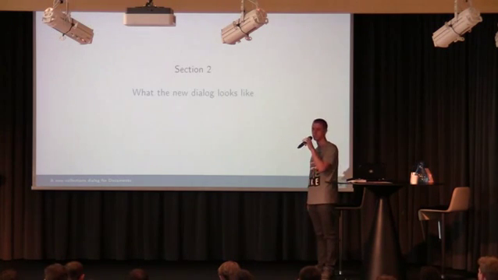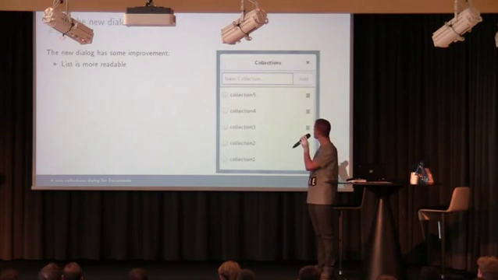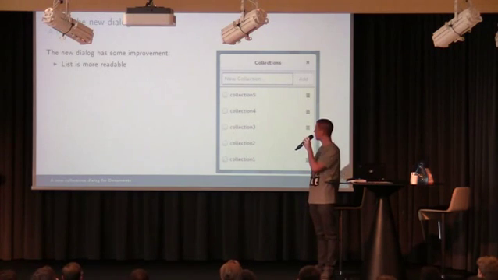The new dialog is intended to solve these problems, and it looks like this. It has a more readable collection list, and you can click on the row to check it, unlike before.